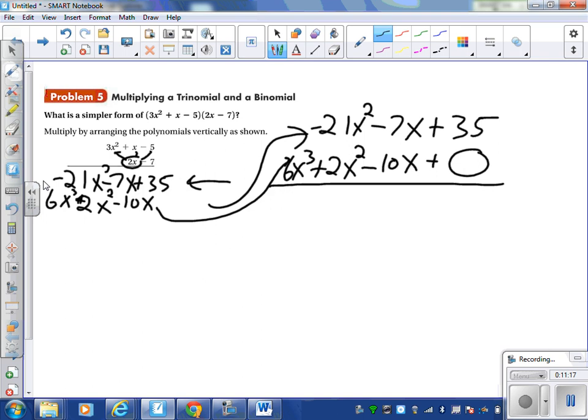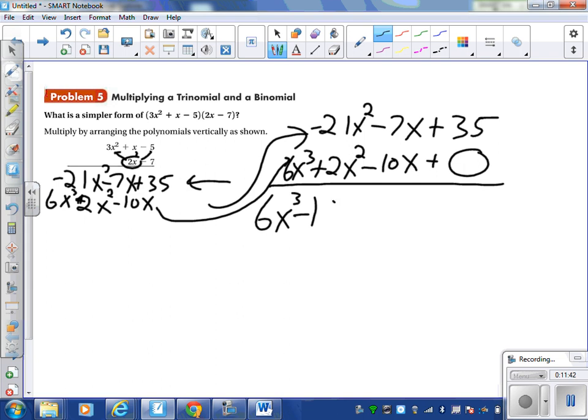And now I just go ahead and add these two together. 6x cubed. I'll start over on the far end. And it doesn't matter which side I start with. And then I have the x squareds together. So I have a negative 21 plus 2. That would be negative 19.